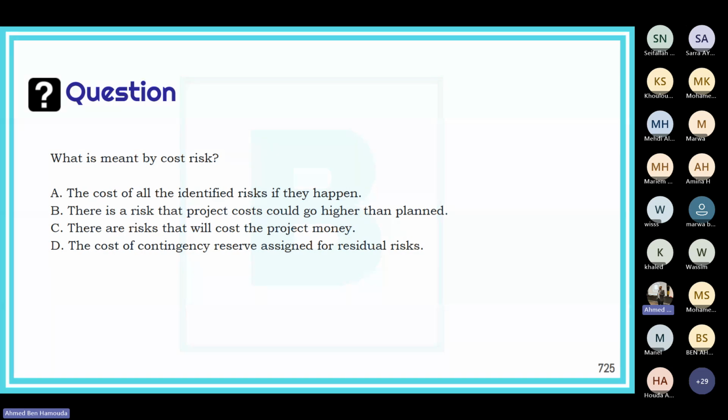Now, of course, when we talk in English language, a cost risk means there is a risk that the project cost could go higher. Okay, so that's what we mean by a cost risk.